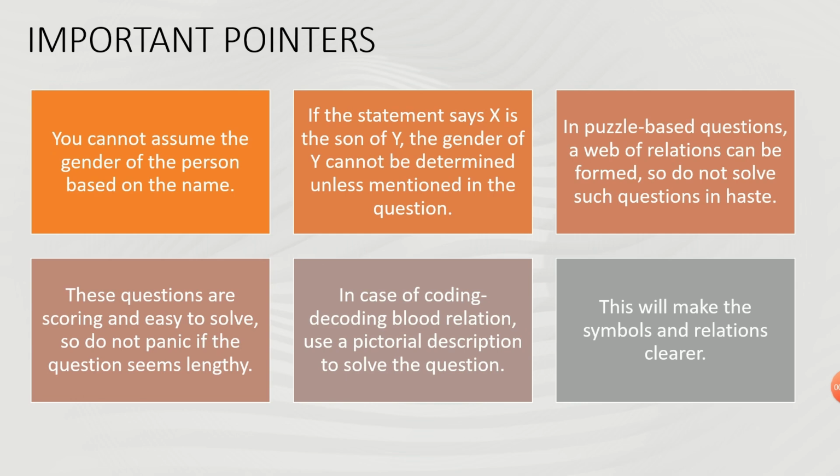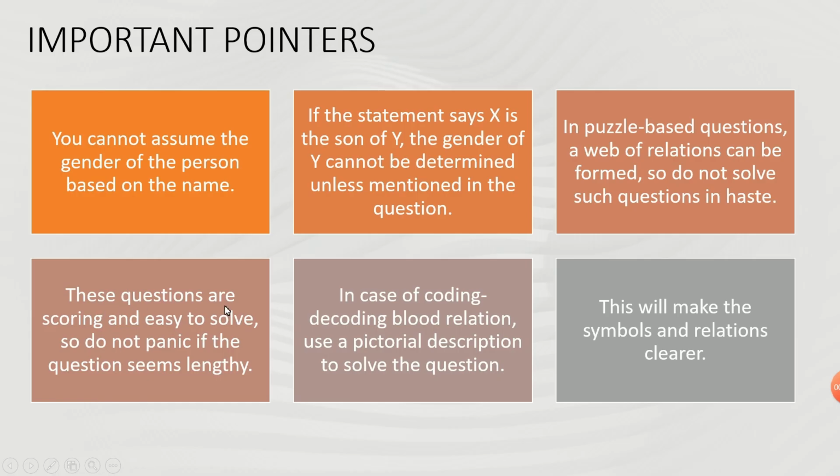There is a question here where they have given a different notation, so that we will be confused and frame it as a different person. So don't solve such questions in haste, that means in a hurry.